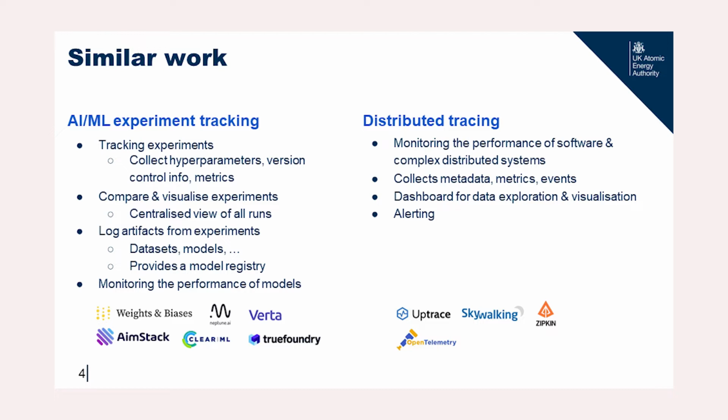These can collect metrics, metadata and events, and then provide a dashboard. They also can provide alerting, so you can get alerts if things are not working. But this covers some of what we want to do, but not everything. Obviously this doesn't track data or things like that.